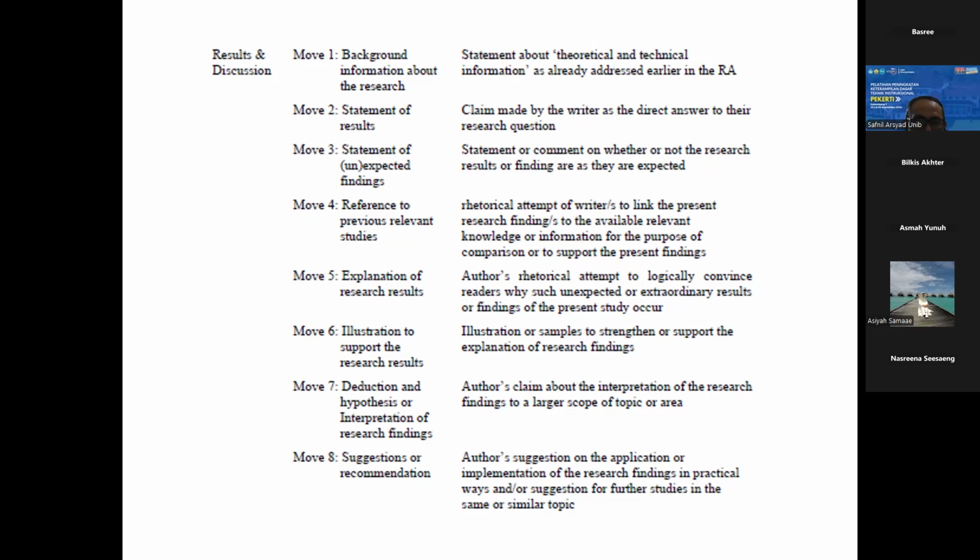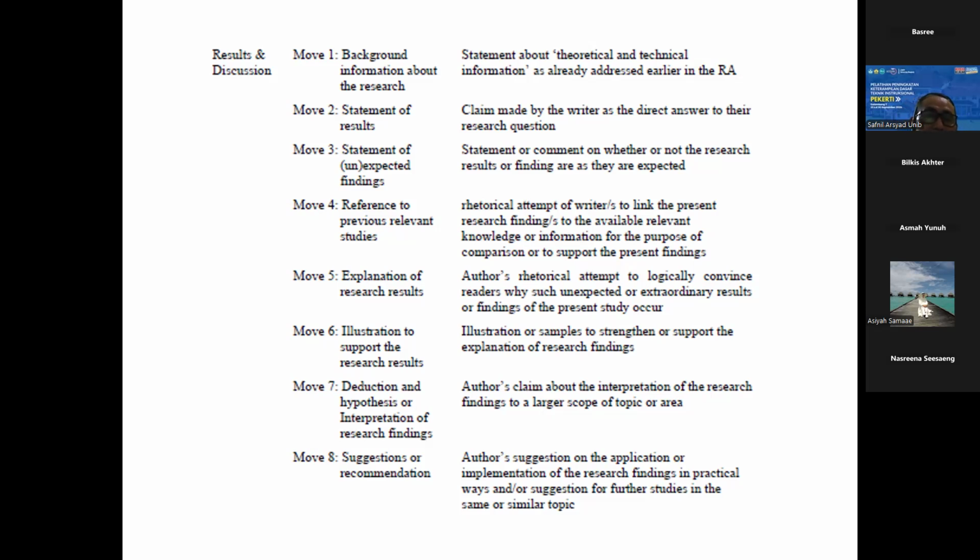If they are all the same, it means that you don't give new information to the readers, because your findings are the same. So find different findings to compare, to show that your finding is important, is new.